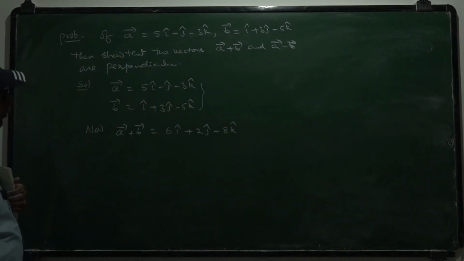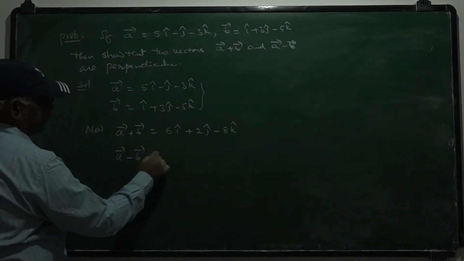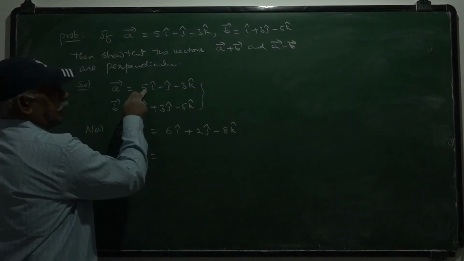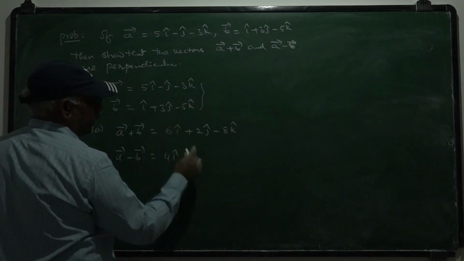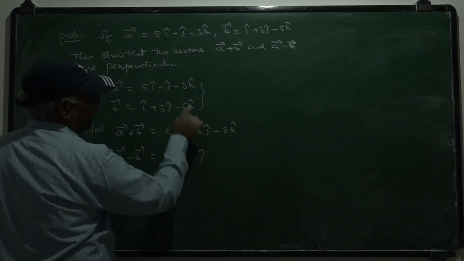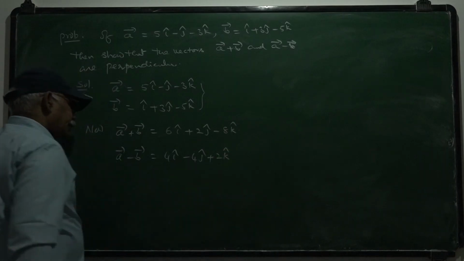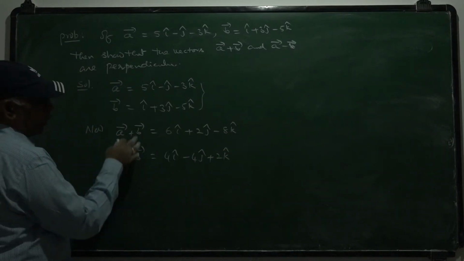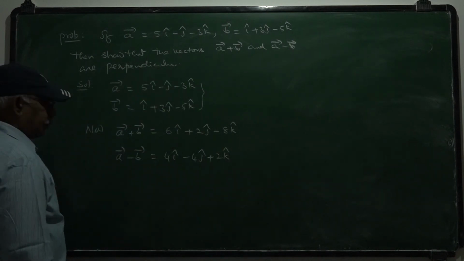And A bar minus B bar, subtraction of B bar from A bar: 5 minus 1, 4, 4i. Minus 1 minus 3, minus 4j. Minus 3 plus 5, that gives us 2k. This is A bar minus B bar. This is one vector and this is one more vector. These two vectors we have to show are at right angles.